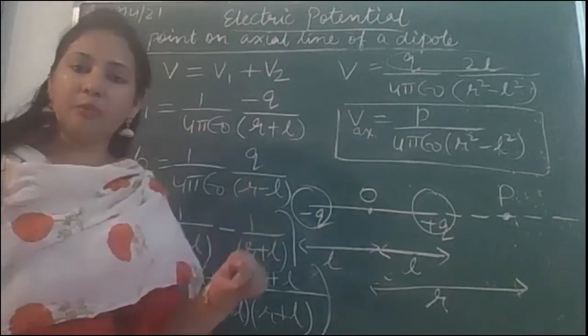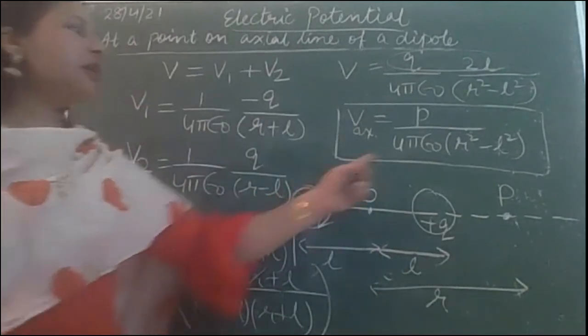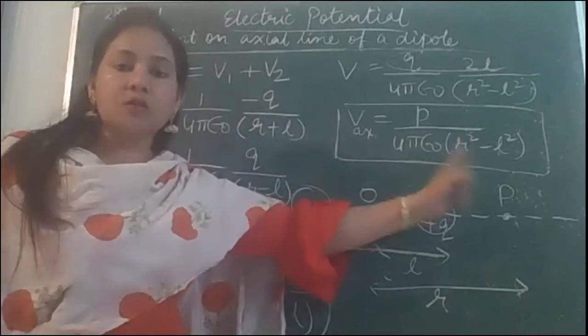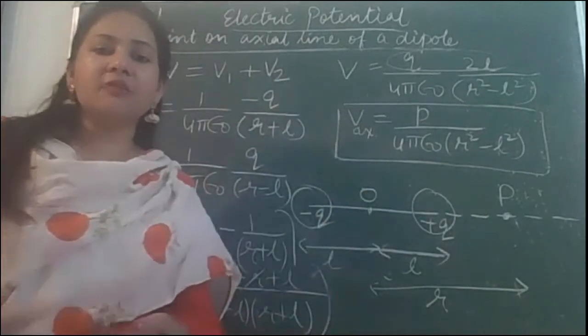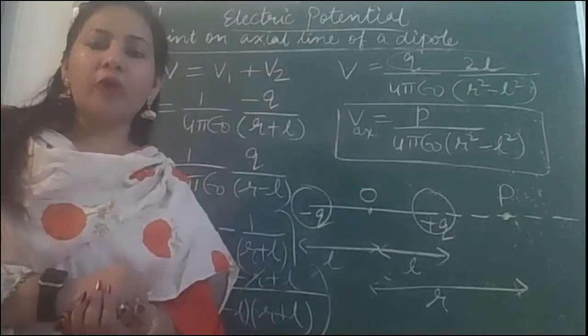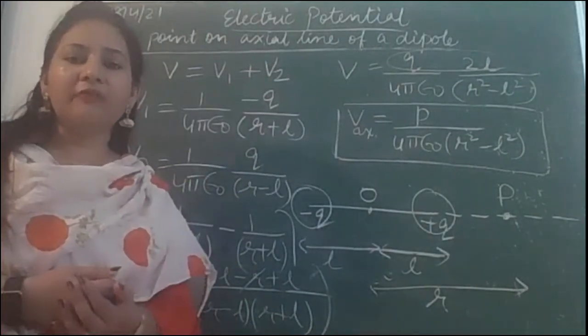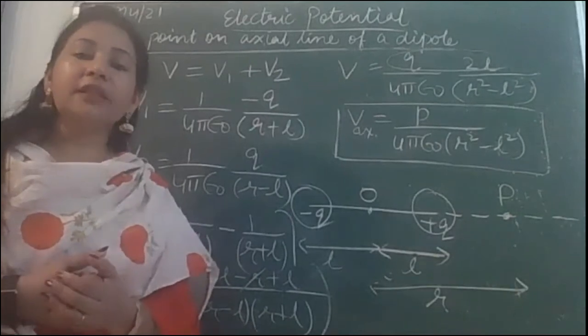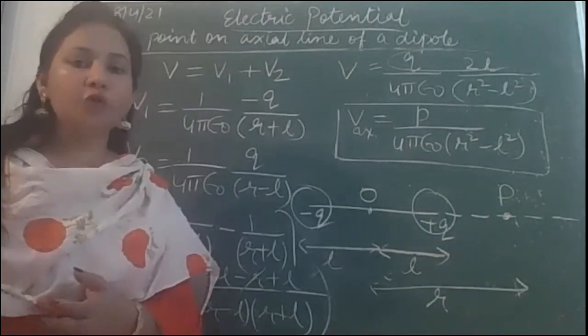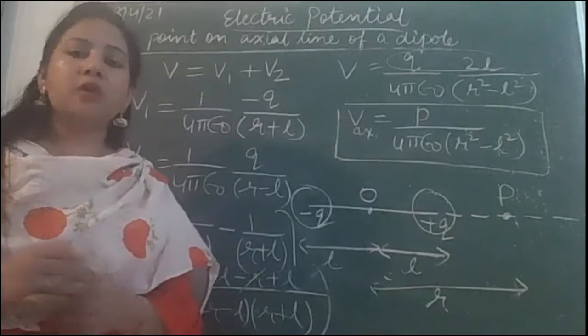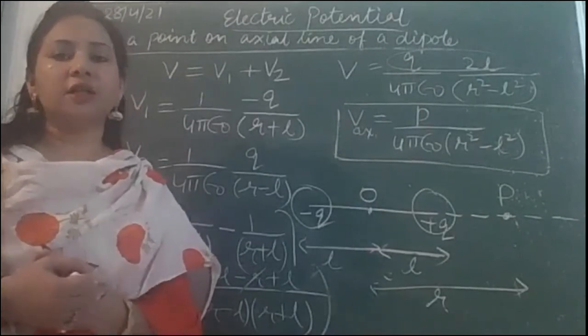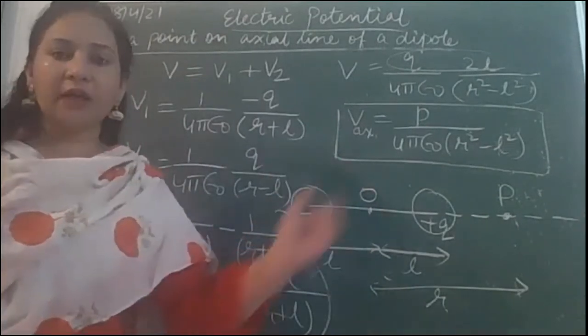Potential is inversely proportional to r, but due to dipole the dependence is on r square. In the same way for electric fields, due to a point charge the dependence is r square, but for a dipole the dependence was r cube inverse. So one more power of distance increases when we have a dipole.